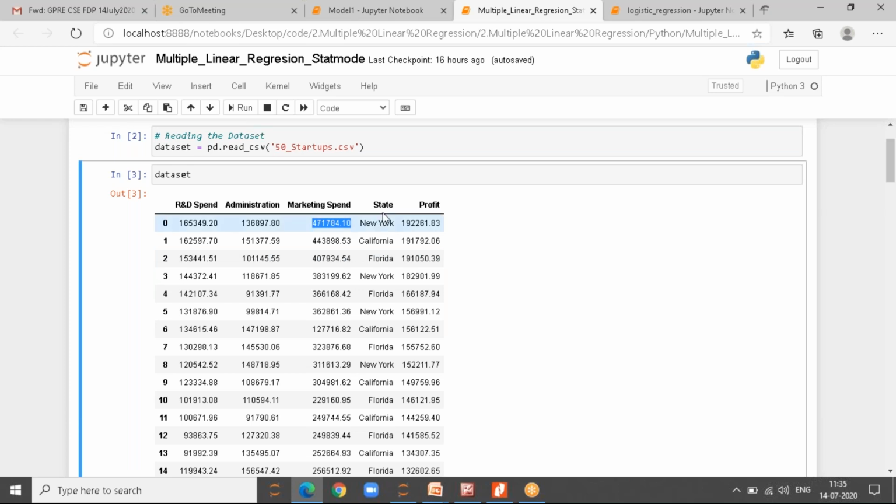Two kinds of data we normally encounter in qualitative data, that is nominal and ordinal. How can I differentiate whether it is nominal categorical or ordinal categorical? The reason is very simple. If you see only unique names, and you don't make any kind of comparisons, then it comes under nominal. For these cases, we can make use of one-hot encoding.